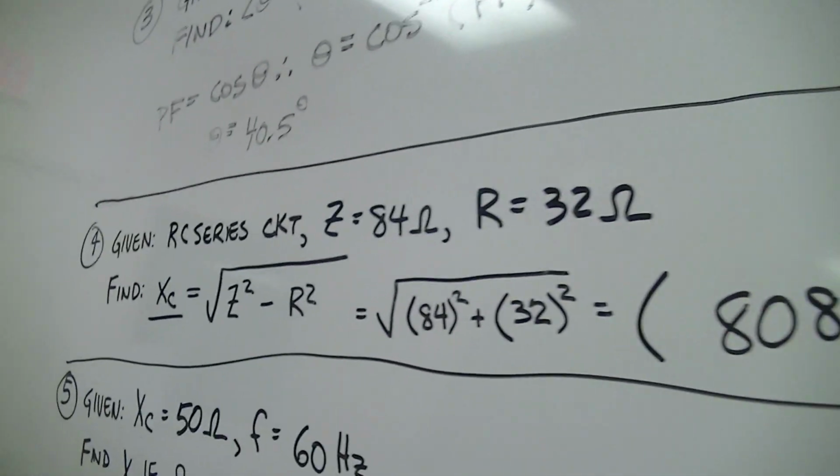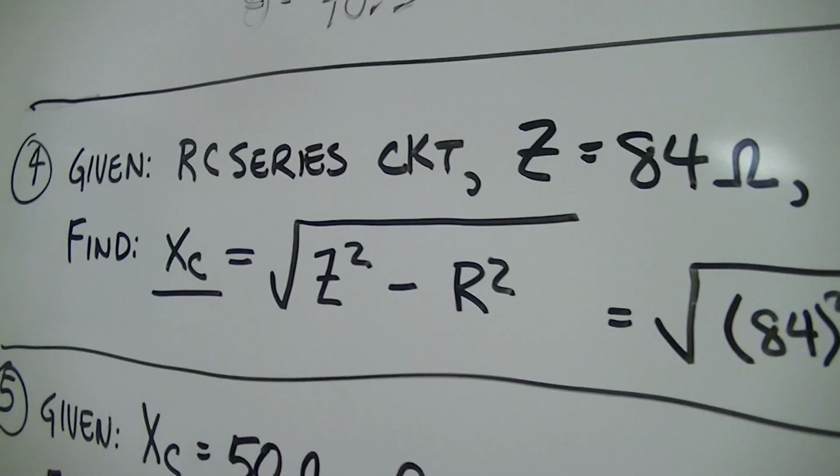Now, because this is a series circuit, when you get into parallel circuits, if you haven't already looked at that chapter, you're going to find out that calculating Z is very complicated, and therefore calculating X sub C is just as complicated.